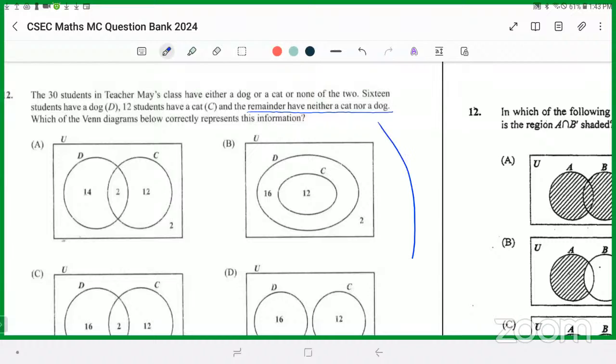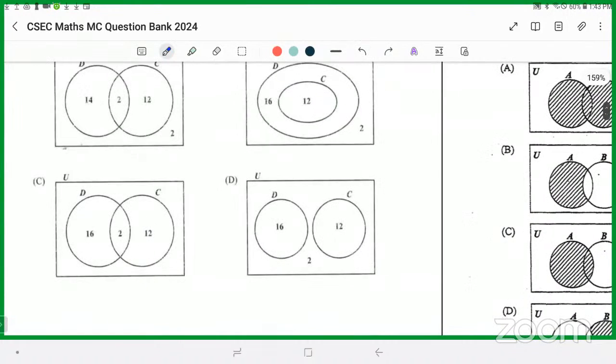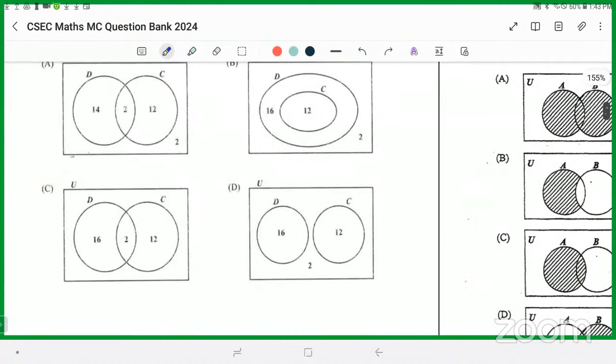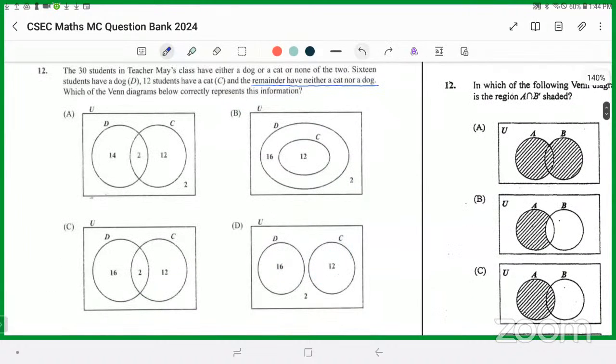So the answer is suggesting that this is the answer. Disjoint sets. This must add up to 30. Yeah, this adds up to 30. So this is 16 dogs, 12 cats, and the remainder have neither. There's no intersection this time. It did not mention anyone who has cats and dogs together.